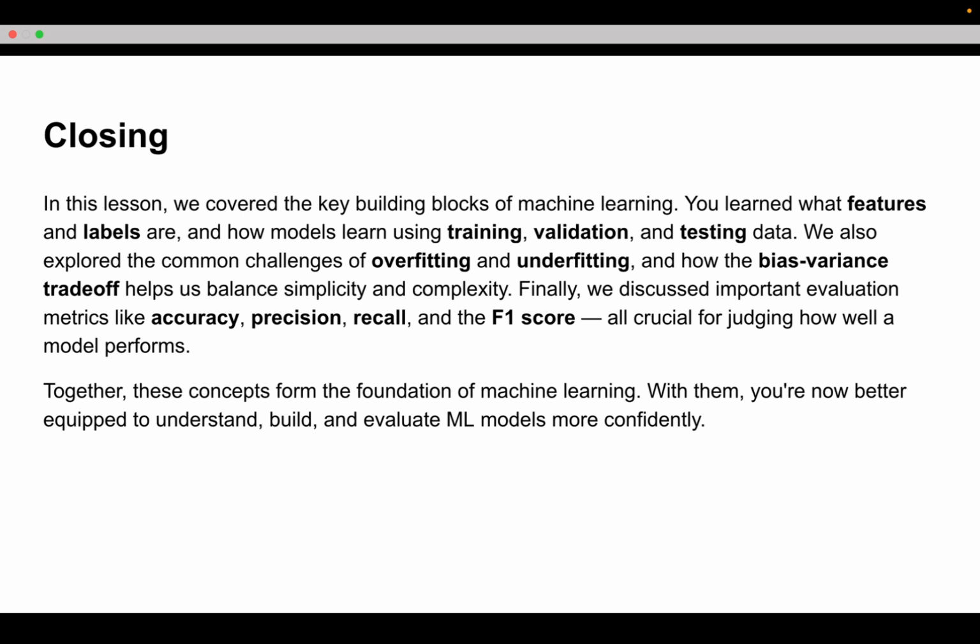Finally, we discussed important evaluation metrics like accuracy, precision, recall, and the F1 score, all crucial for judging how well a model performs. Together, these concepts form the foundation of machine learning. With them, you're now even better equipped to understand, build, and evaluate machine learning models more confidently.